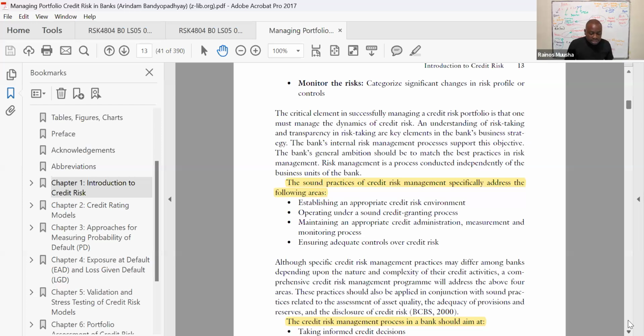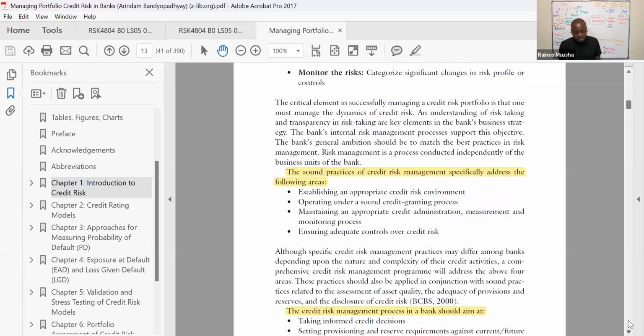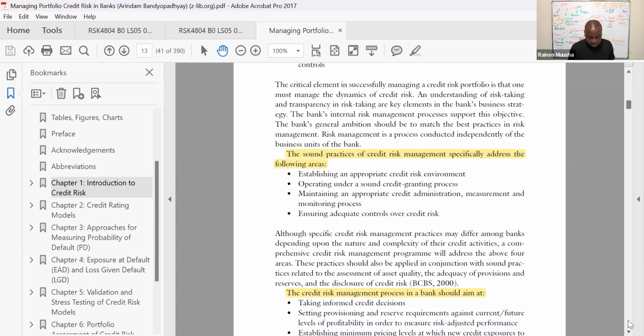Then they also say the sound practices of credit risk management specifically address the following areas: establishing an appropriate credit risk environment, operating under a sound credit granting process, maintaining an appropriate credit administration measurement and monitoring process, and ensuring adequate controls over the credit risk.